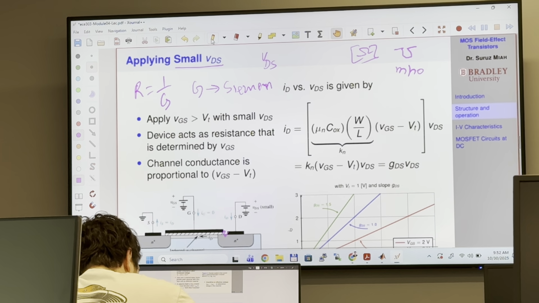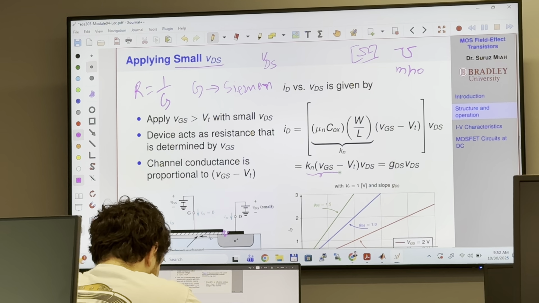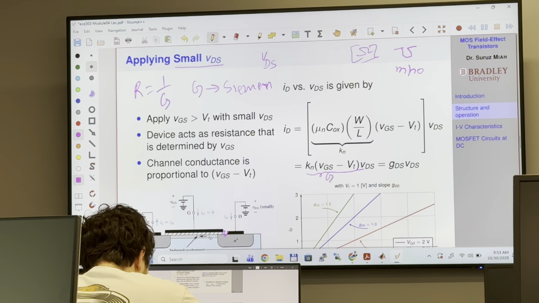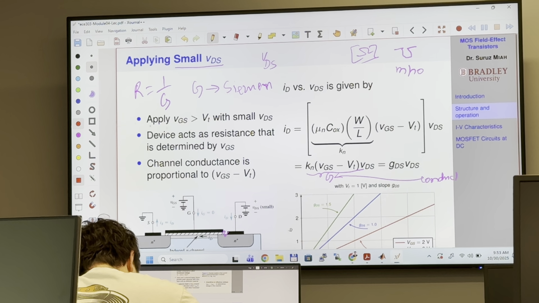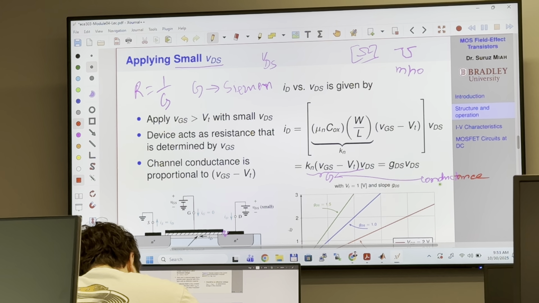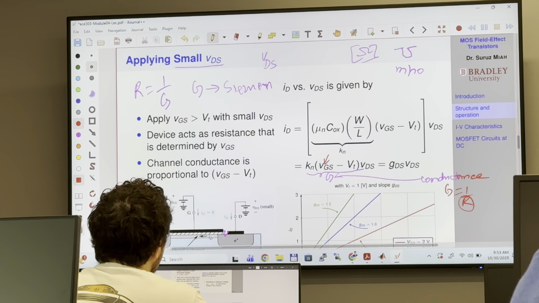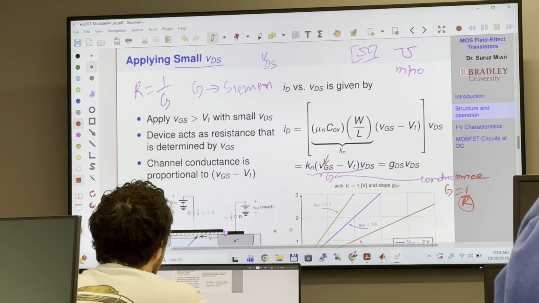Now, this Kn times VGS minus VT is basically your conductance G, which is 1 over R. And this R is basically 1 over this quantity, the resistance that you control using this VGS, the voltage we applied at the gate terminal.